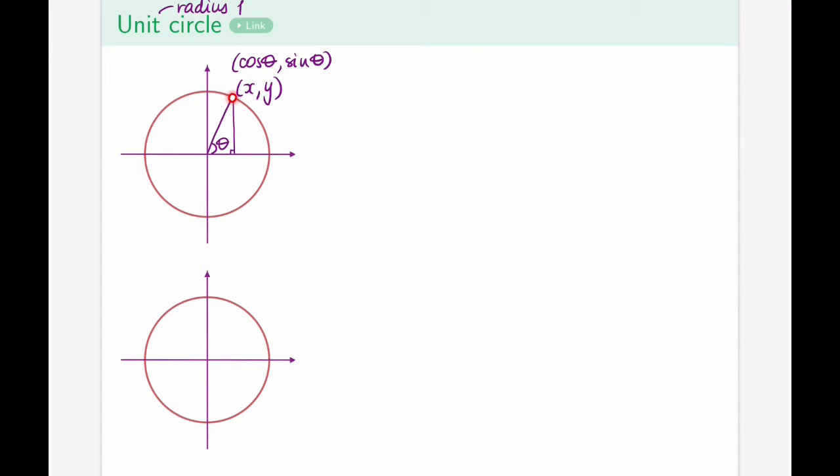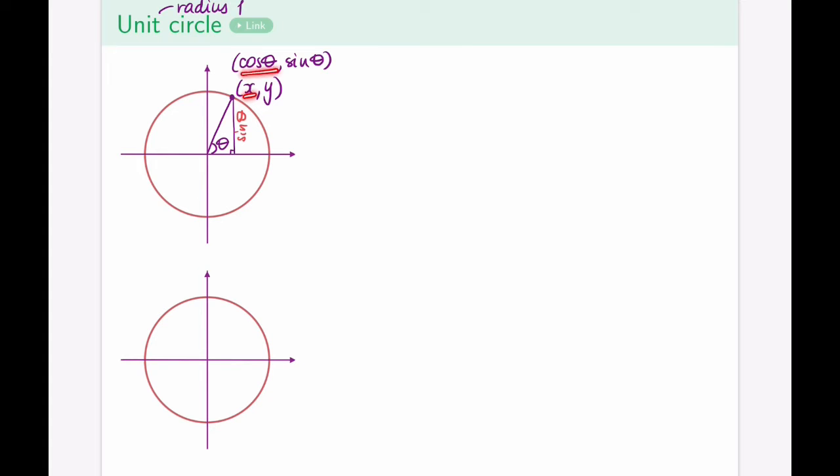The sine is the y value of the point, so the y coordinate, the height of the point on a unit circle. Cosine of an angle is the x coordinate of the corresponding point on the unit circle. So if we annotate our little triangle here, the y coordinate is sine, which means that this height is sine of theta.